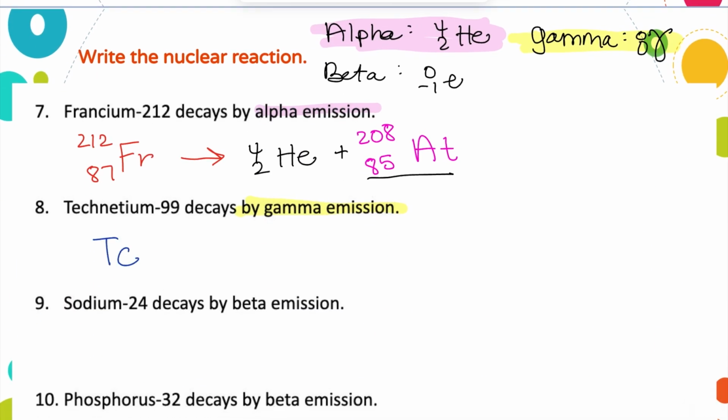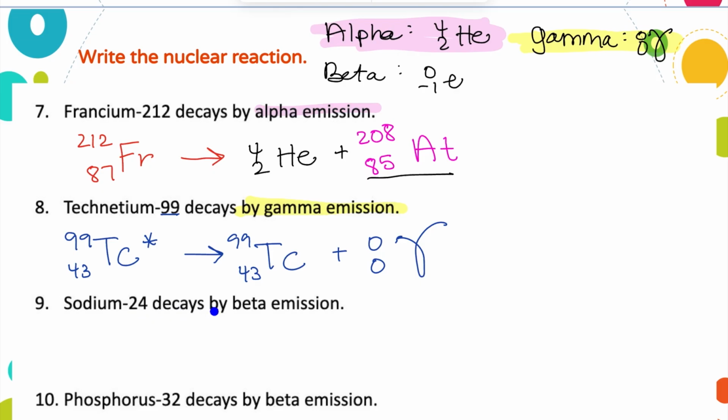So I've got Tc 43. The mass, it told me, is 99. And this is high energy at the start, decaying by gamma emission. Well, I'm going to get that same Tc. It's not losing any mass, any protons, but it is losing energy. And so we can show that gamma particle being released.